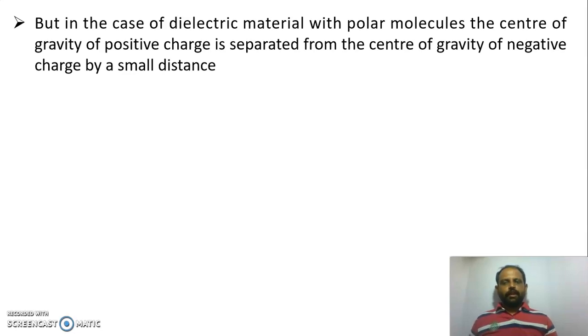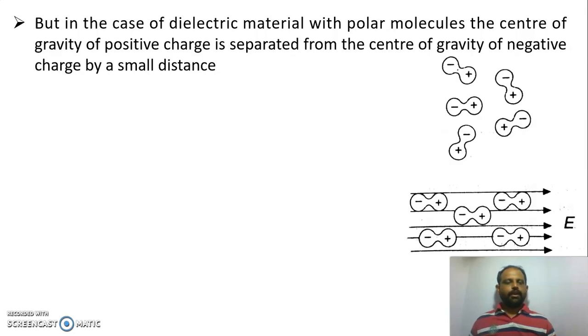I said already, in the case of dielectric materials with polar molecules, in the beginning the centers of gravity of the positive and negative charges are separated, and here they are randomly arranged. You can see they are randomly arranged in the absence of an electric field, and the dielectric material is placed in the space where the electric field is present between the two parallel plates.